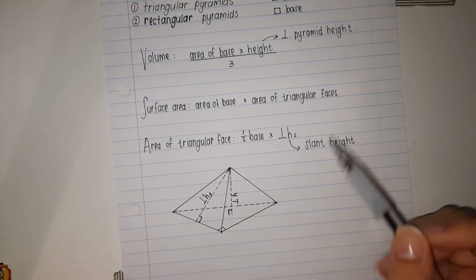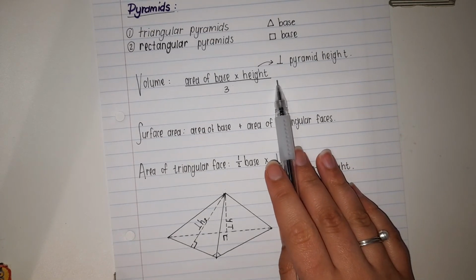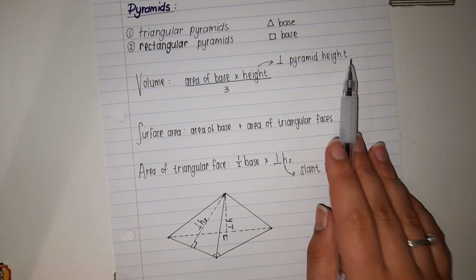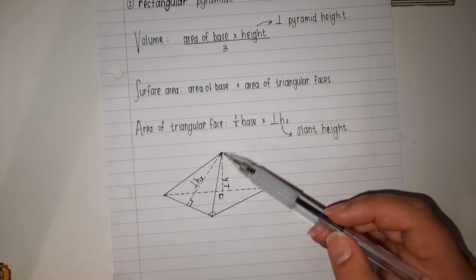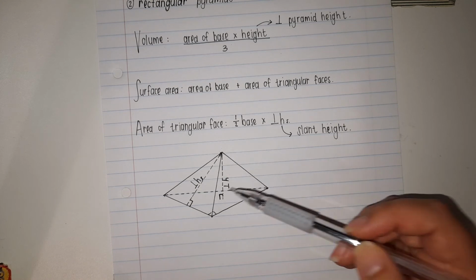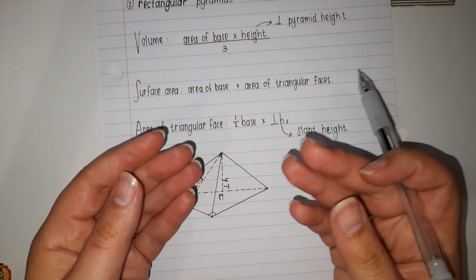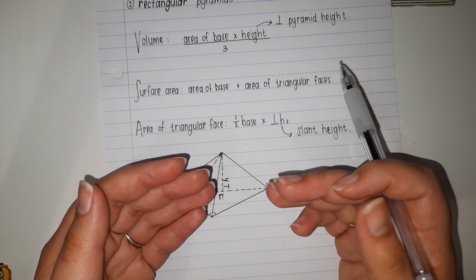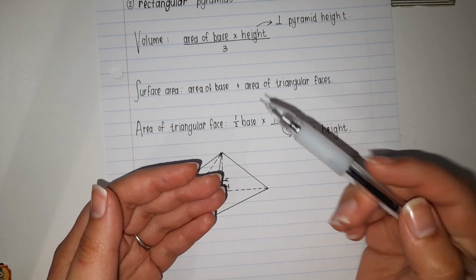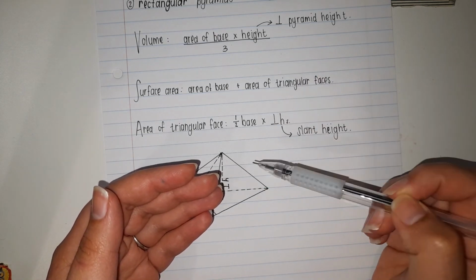Then the height I talked about up here, my perpendicular pyramid height, is going to be straight down. If I break my pyramid open, how far would it be from my top point to my bottom point?